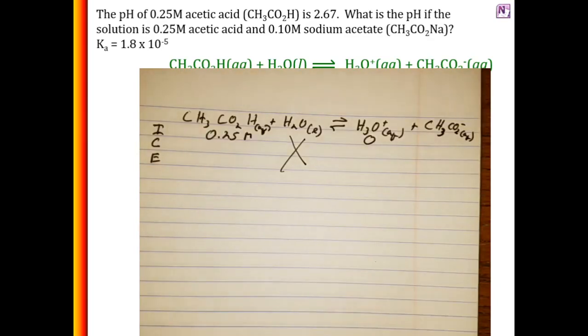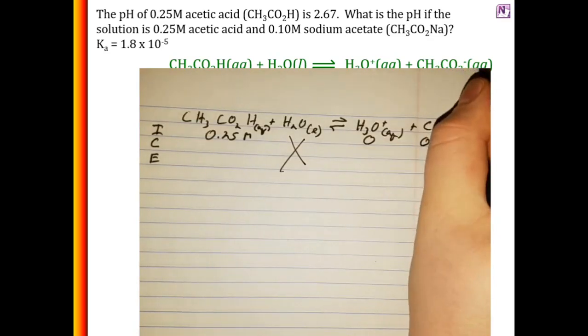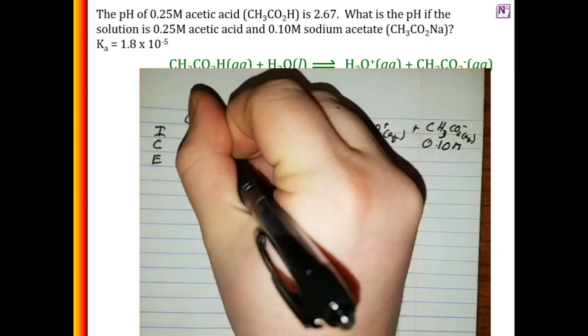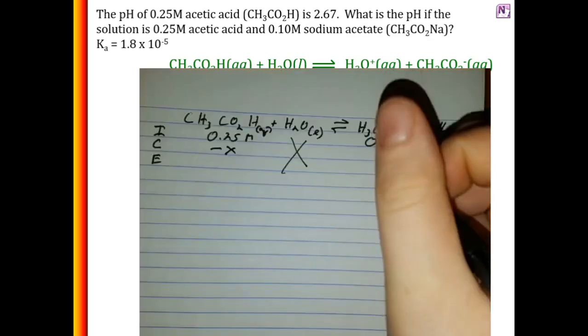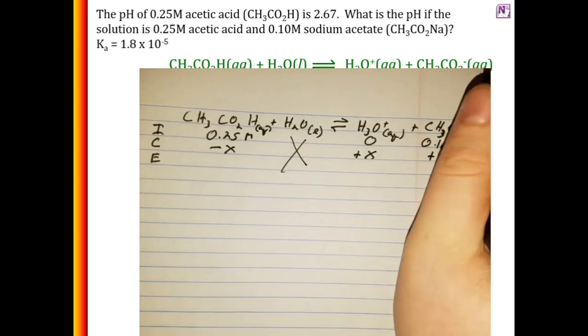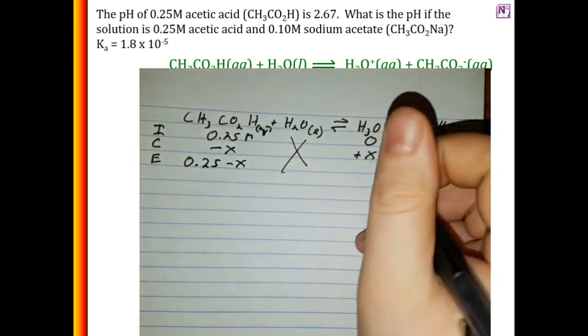And we start with 0.1 molar acetate ion. As normal, we have minus x here. We're going to increase this, so we have plus x, and here we're also increasing, so we have plus x. Totaling up our lines gives us this.